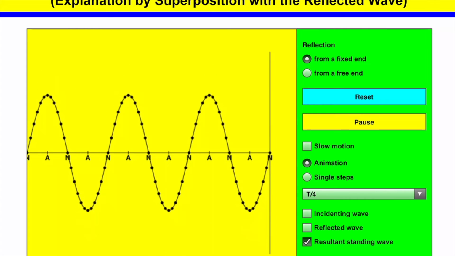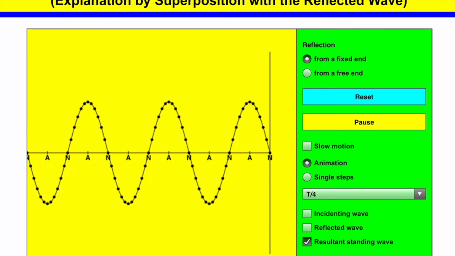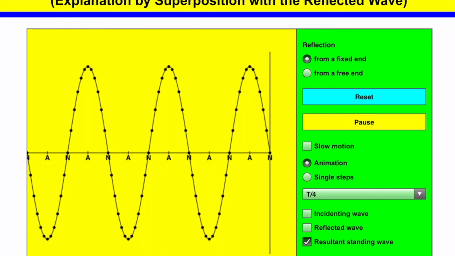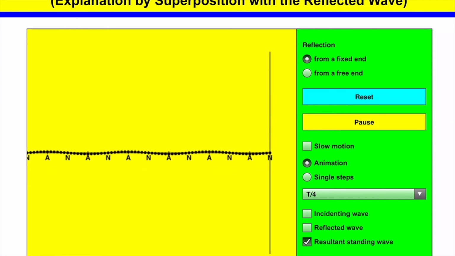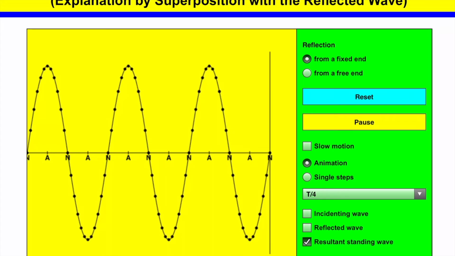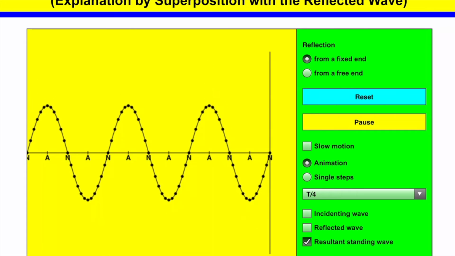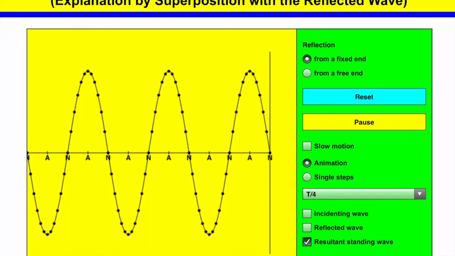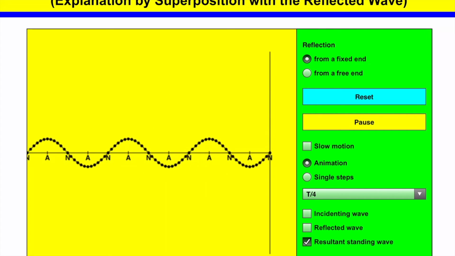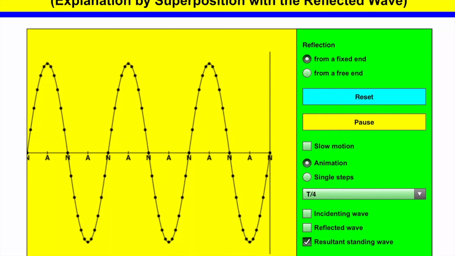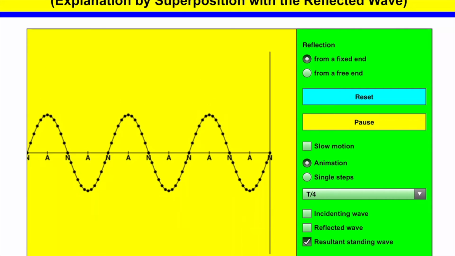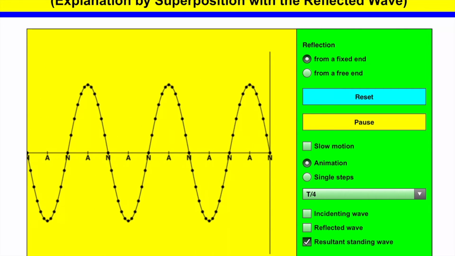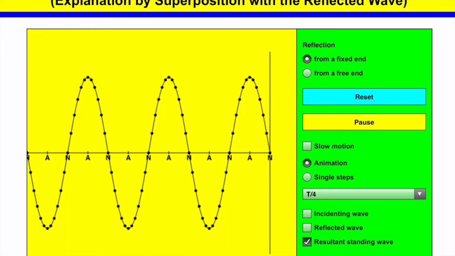You may be wondering what those A's and N's mean on the line as the wave bounces around. Well, wherever you see an N, you'll notice that the part of the string, the particle of the string there, doesn't move at all. It's fixed right on that line. N stands for node, and that is a part on a standing wave where the medium doesn't move, in this case, the rope.